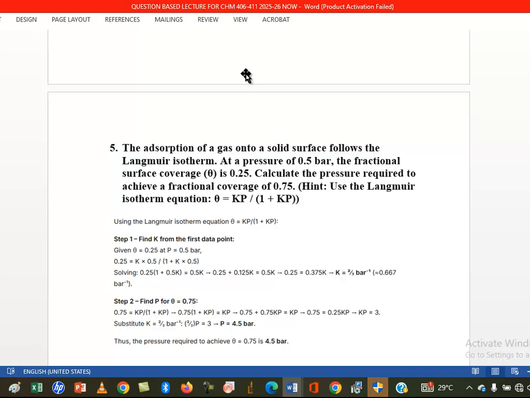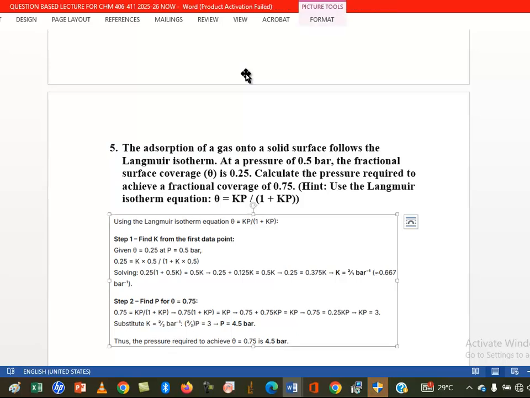Your K, you have gotten it, 0.0667, right? And then you want to get your p. So all you now need to do is to make p the subject of the formula, and you should get 4.5 bar. So also try it out to see whether you're actually going to get 4.5 bar.